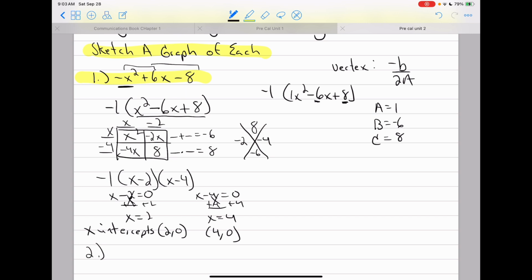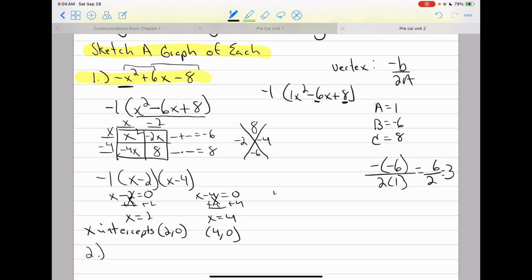It says -b over 2a, so I'm going to go -(-6) over 2 times a. -6 is +6. That's 2. So 6 divided by 2 is 3.